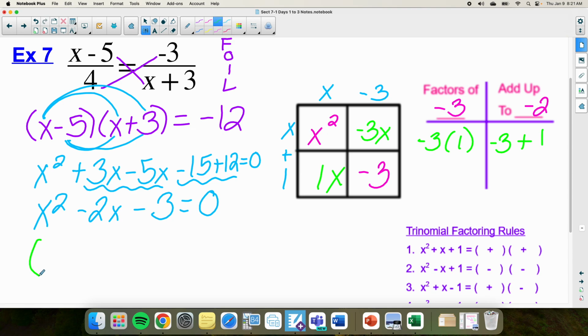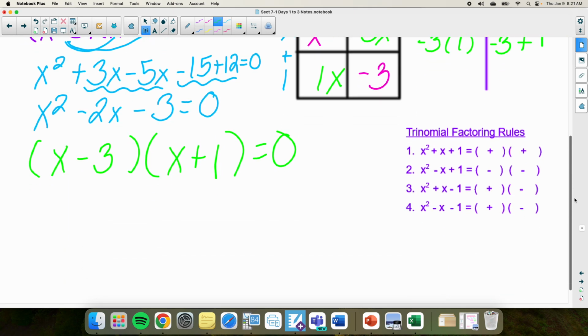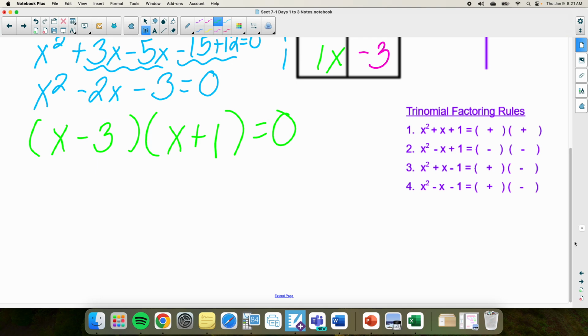So now I can come down here and write down my factors. One is x minus 3. One is x plus 1. And then what you're going to want to do is do the opposite of each of those. So x is a positive 3 and x is a negative 1.